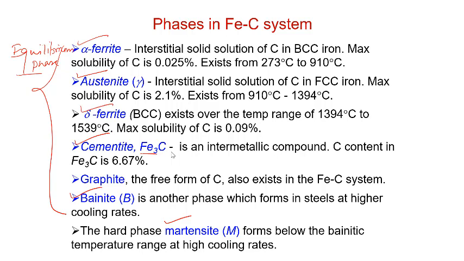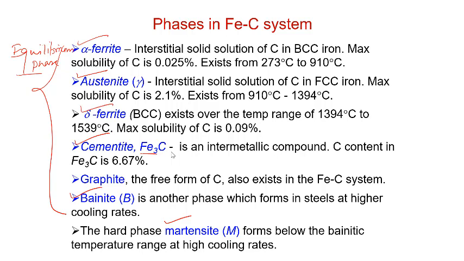And we have also discussed why the solubility of carbon is much higher in the FCC austenite phase compared to the BCC ferrite phase. That has to do with the size of the sites in which carbon atoms sit, the interstitial voids that you have.